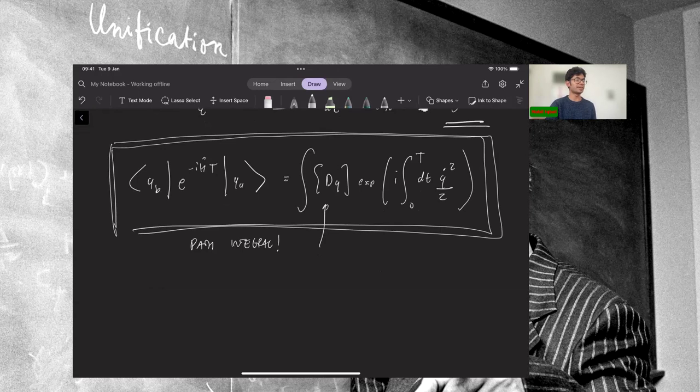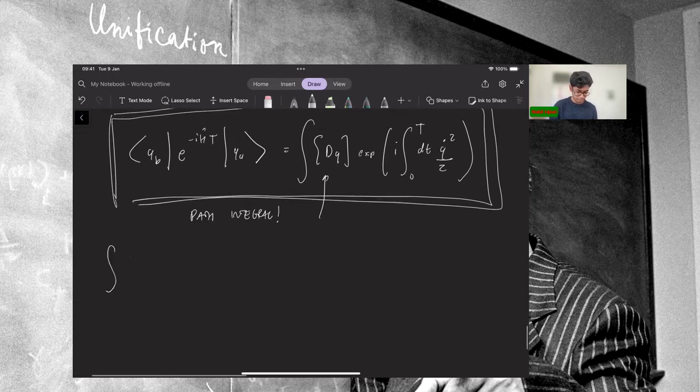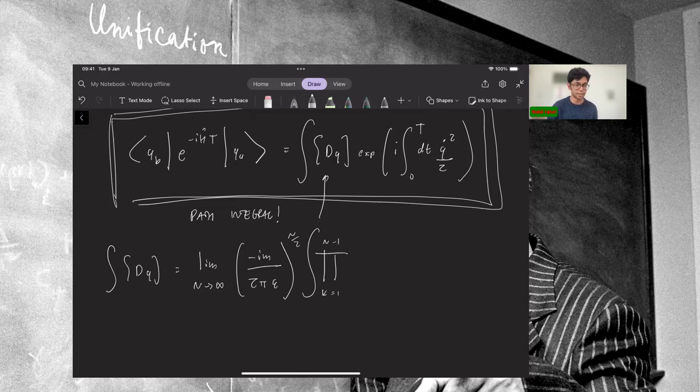It is formally defined to be the integral Dq equal to the limit as n goes to infinity of basically everything that we had up there, minus i m divided by 2 pi epsilon, to the power n over 2, times the integral over each of these positions, q to the n minus 1, dq_k, with the restrictions that q of 0 equals qA and q of t equals qB.